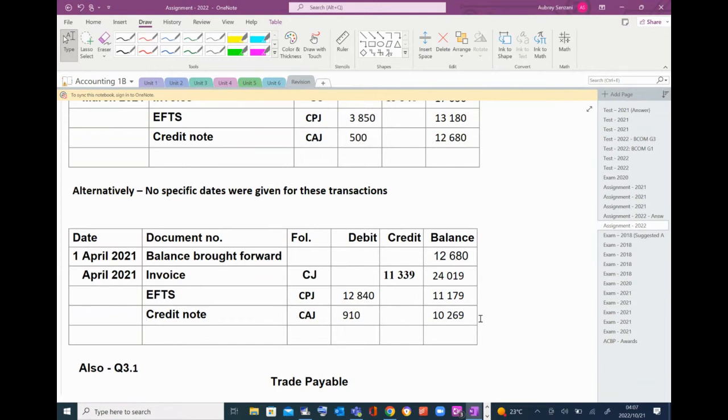Okay, so the next bullet point, it says a credit note for goods returned in April for 910 appears on the April statement as 190. Okay, so obviously this is a mistake. It needs to be rectified on the April statement. Okay, so we'll take note of this for the reconciliation purposes.